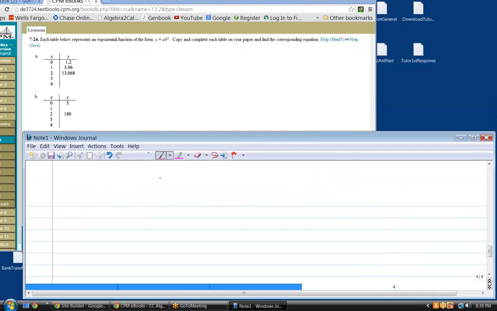In other words, we start with the general equation, y equals ab to the x. So how do I solve for a? In other words, I need to solve for a and I need to solve for b. And that will give me a specific equation for this model.